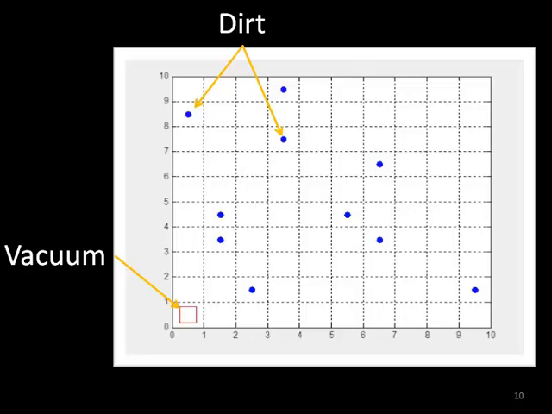We also need to specify the rules of the world in which our agent will operate. For example, perhaps this vacuum can only perceive the squares that immediately touch it, so that the vacuum cannot see the locations of all of the spots of dirt distributed throughout the world. The definition of the world in which the agent operates defines the problem that we're trying to solve with our artificial intelligence.